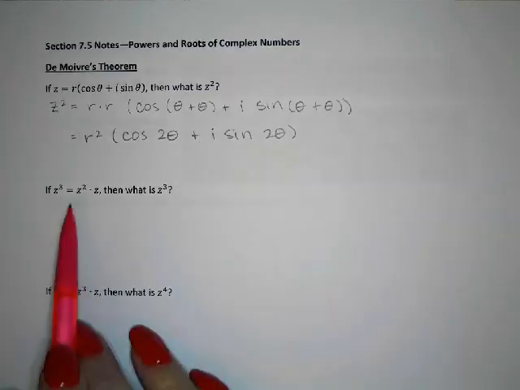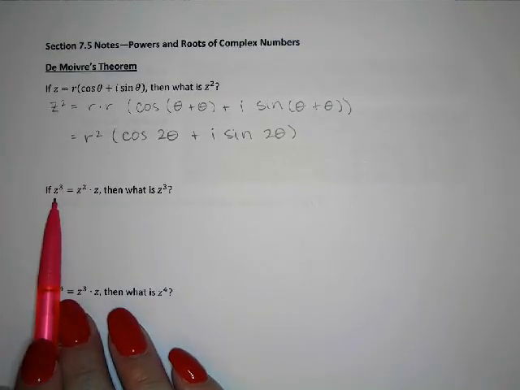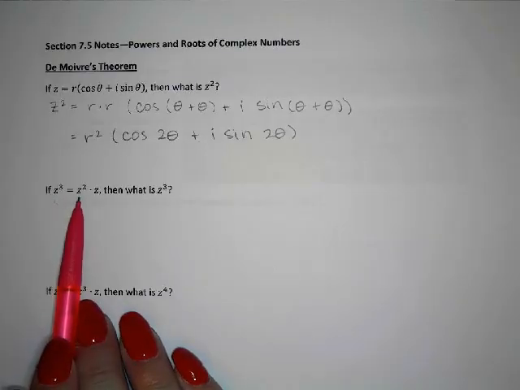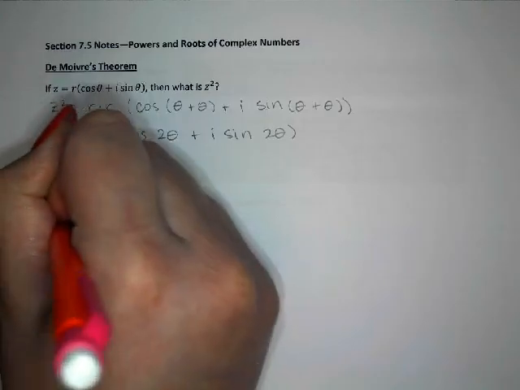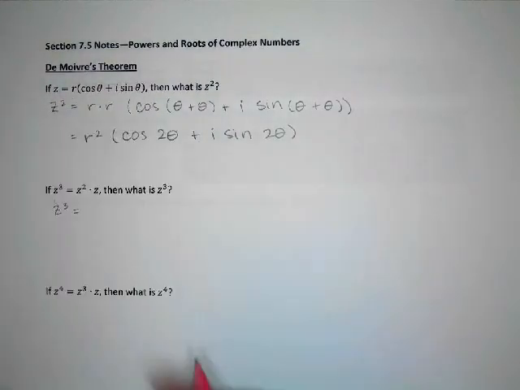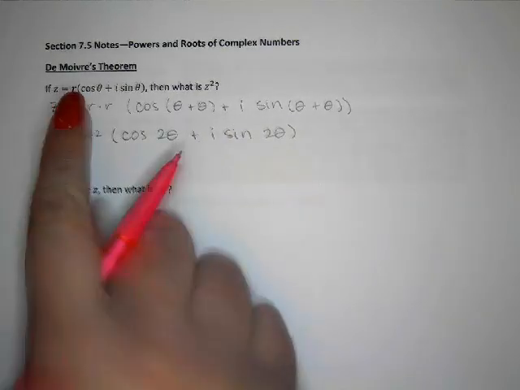All right, if we had this as z squared, then if we wanted z to the third, we would do z squared multiplied by z. So z to the third would be the modulus of z squared multiplied by the modulus of z.